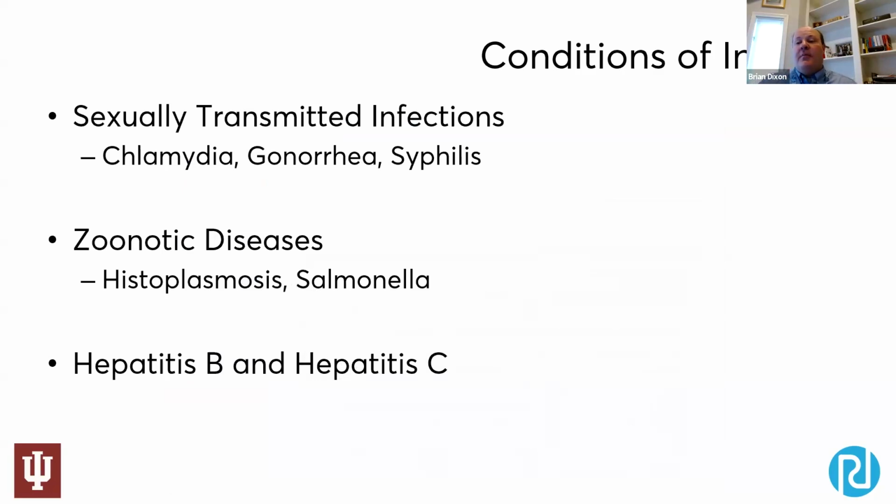The conditions of interest in our particular study were several sexually transmitted infections, some zoonotic diseases, and then hepatitis B and C. We picked these for the project for a variety of reasons. We wanted different types of diseases, some that would have numeric results, some that would have short answer results like reactive, for example, in a titer, and then some that would be more open text, like clinical notes, if you will, from the lab.